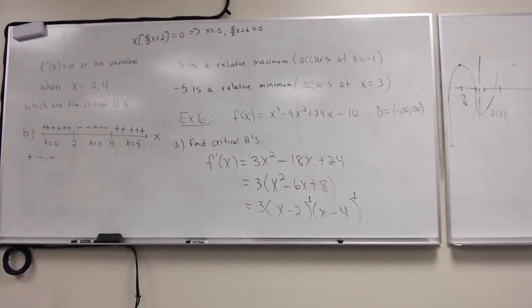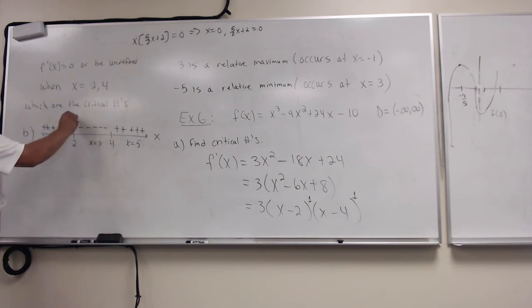And then look at the first derivative test. So look at your first critical number. I think this is like the second box on your first derivative test. If the derivative changes from positive to negative, you can almost think of it like this: the function is rising, rising, rising, but at positive 2, what's going to happen?